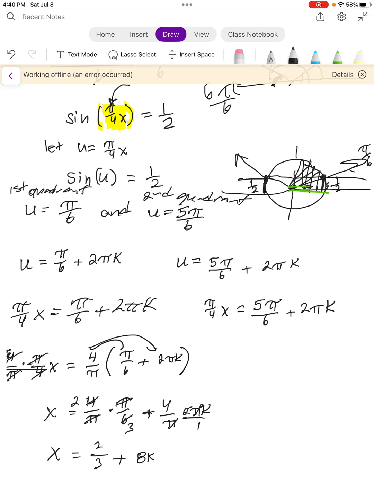So I'm going to solve the other equation similarly, multiplying by 4 over pi.